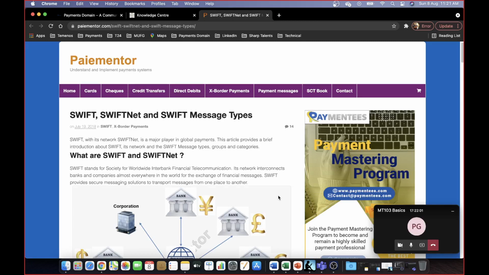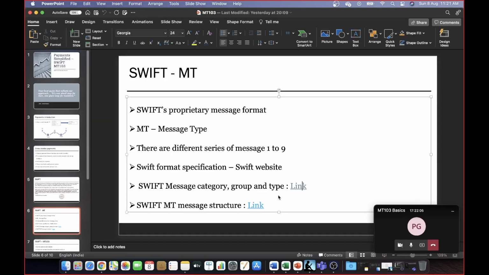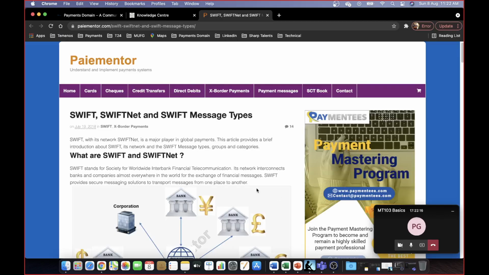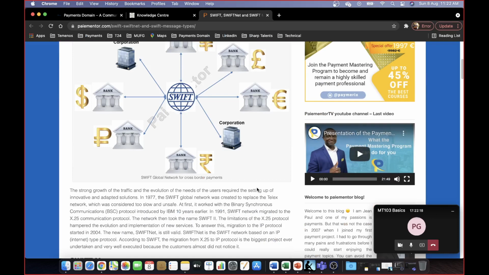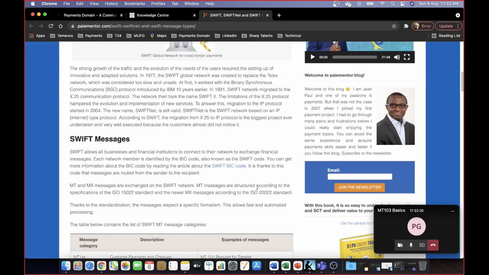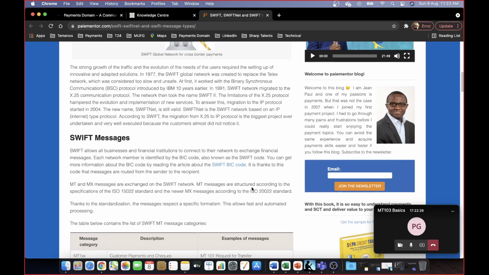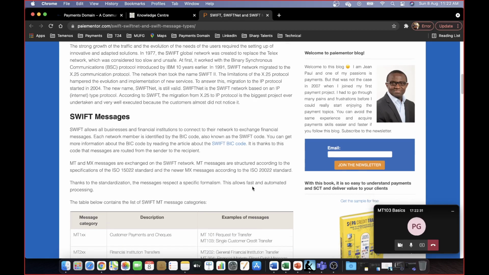This is one of my favorite websites to look for payment related information. I didn't want to prepare everything, as a lot of the stuff we're going to discuss today is available on this website, and I just want to show where you can find it. The website's name is paymentor.com, and the author is Jean Paul. You can really trust the information here, and it's quite good.